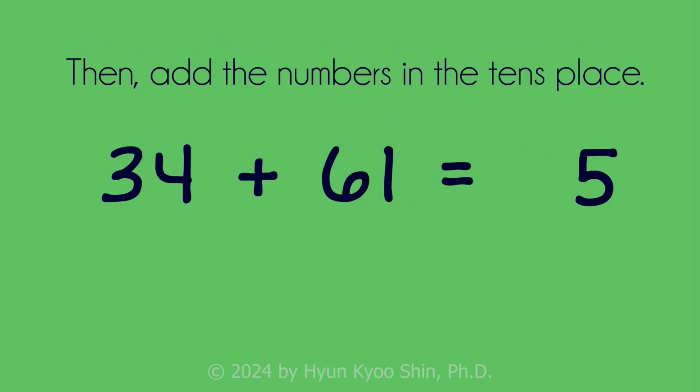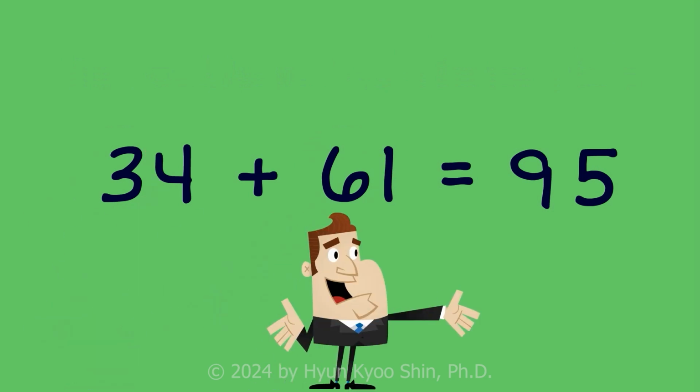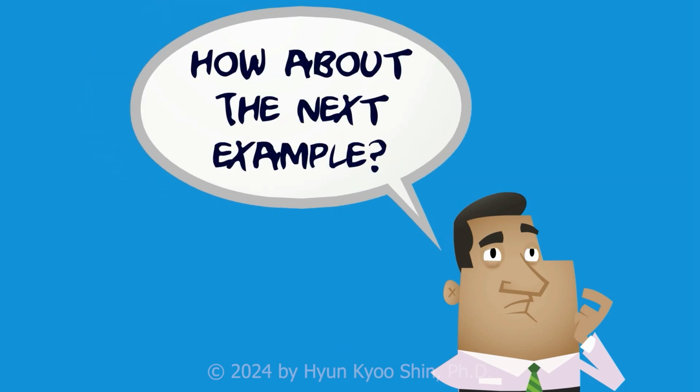Then add the numbers in the tens place. 3 and 6 are in the tens place. Let's add 3 plus 6 is equal to 9. The answer is 95.